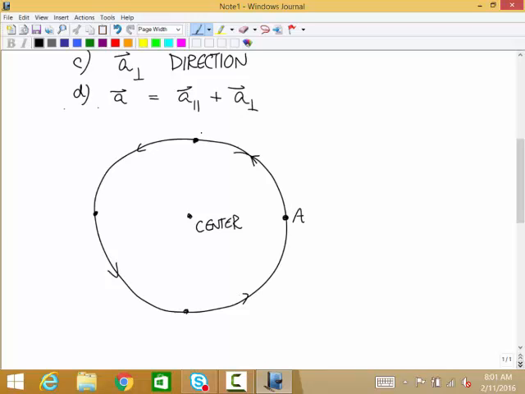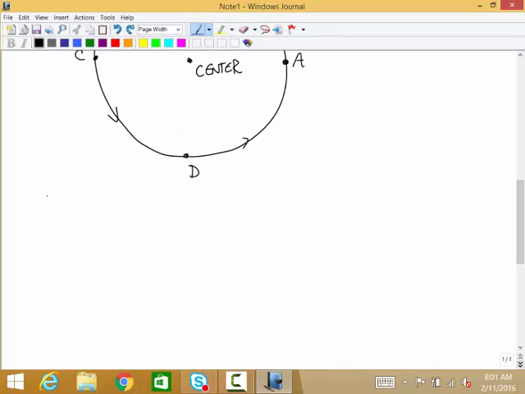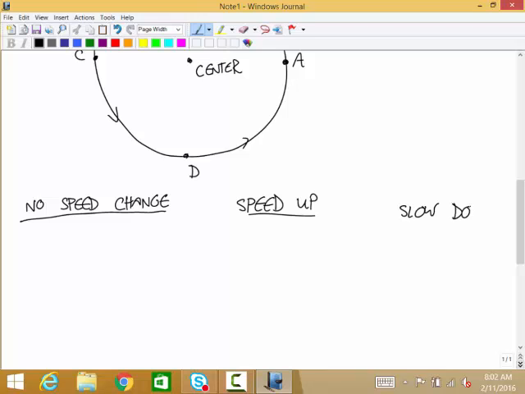And let's call these points A, B, C, and D. And let's think about three cases. No speed change, speeding up, and slowing down.